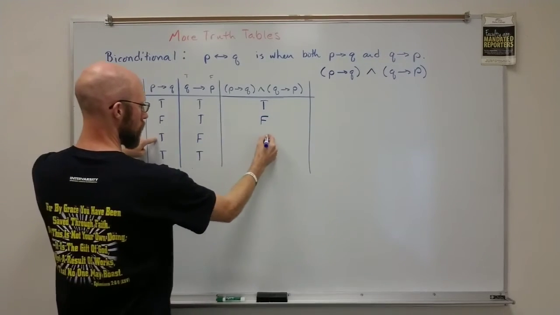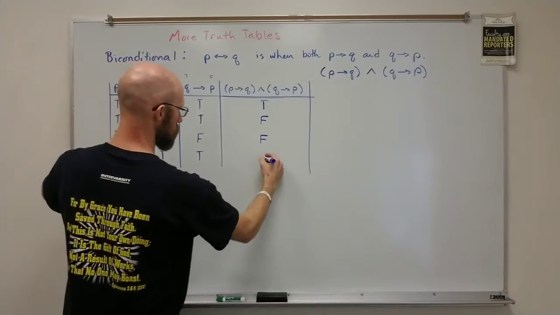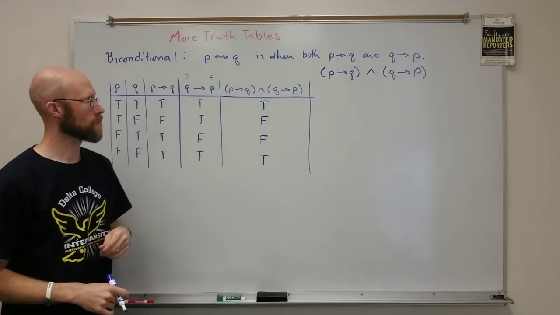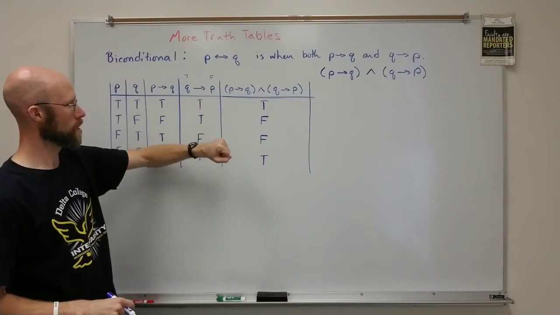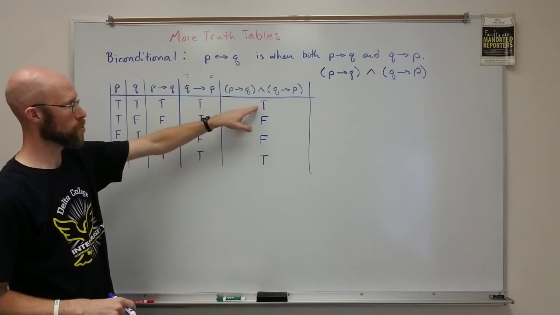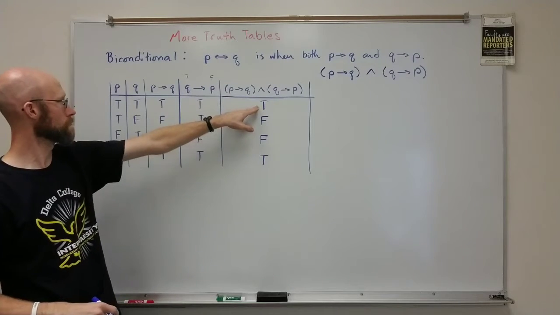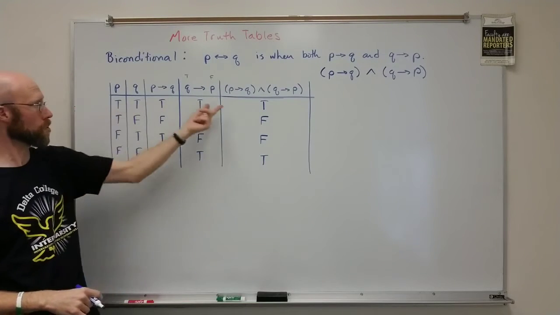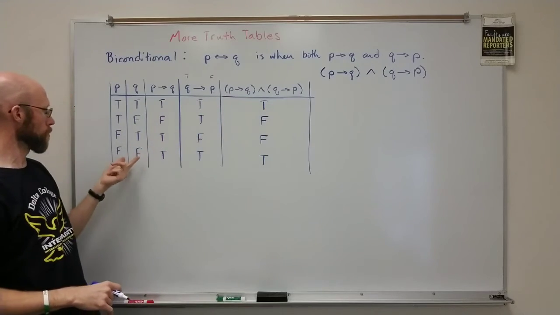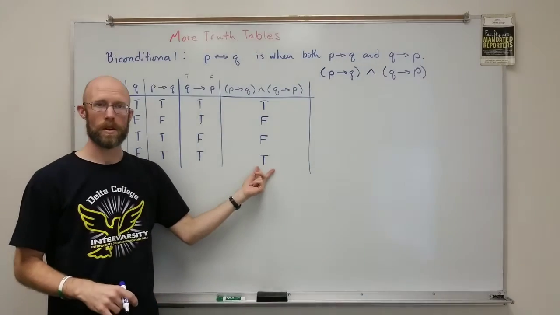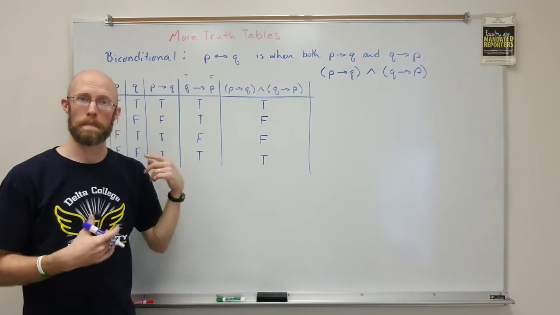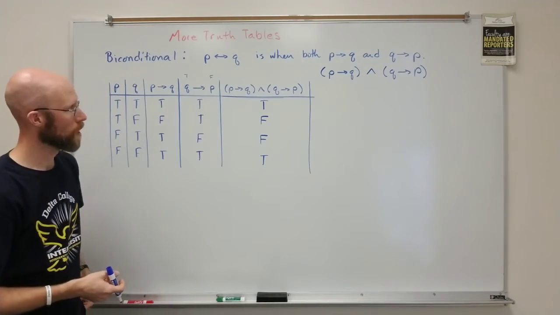True, false, that's false. And true, true, so that's true. So the conjunction is true when both P and Q are true, or when both P and Q are false. That's the only time that a biconditional is true.